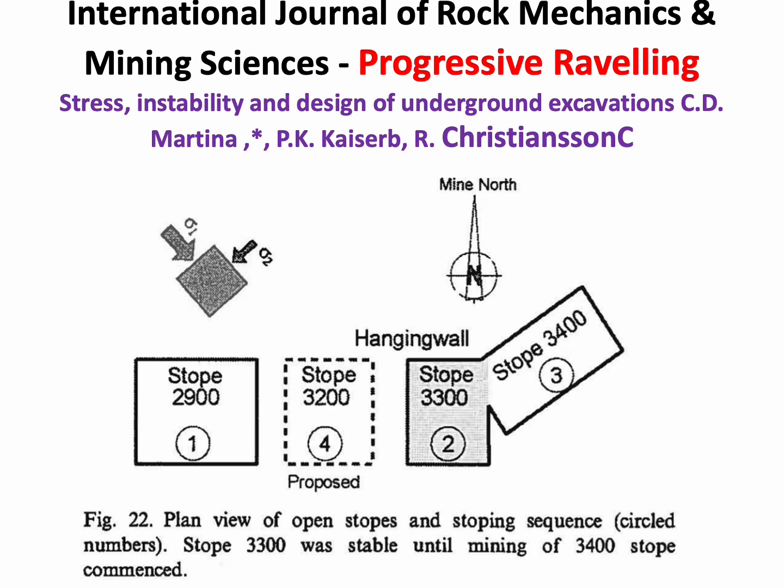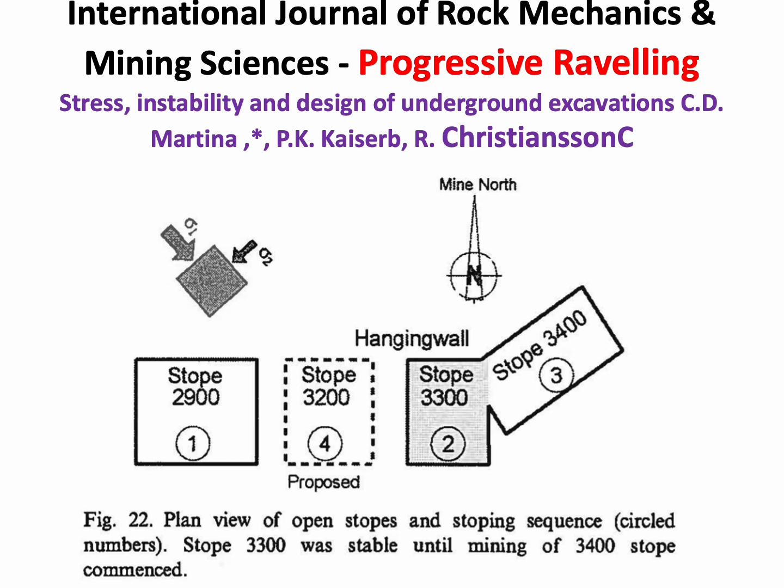The International Journal of Rock Mechanics and Mining Sciences mentions progressive failure, stress instability and design of underground excavations, by C.D. Martin, P.K. Kaiser, and R. Christiansson, who mention in their article a case study where progressive failure has been seen.